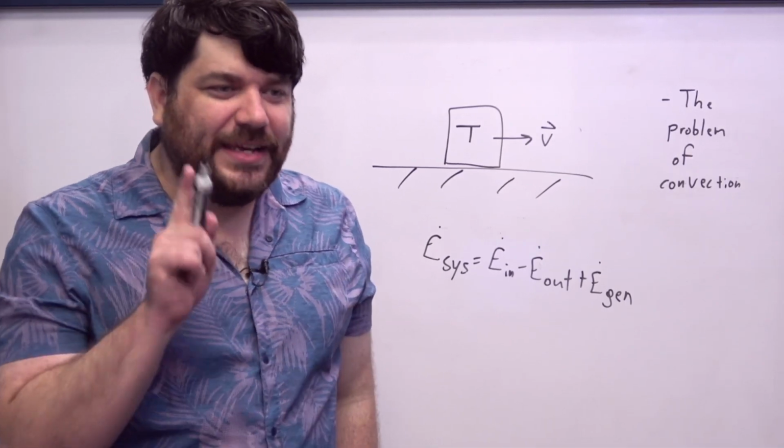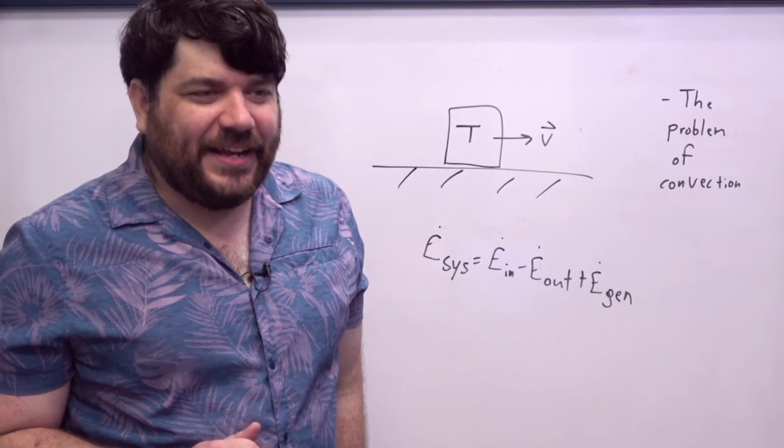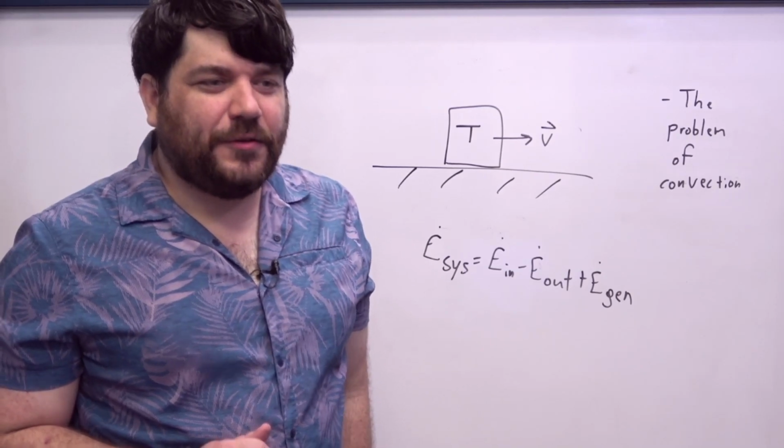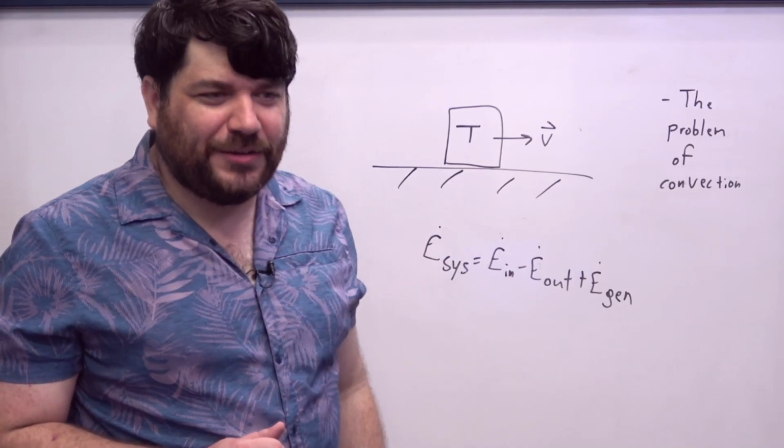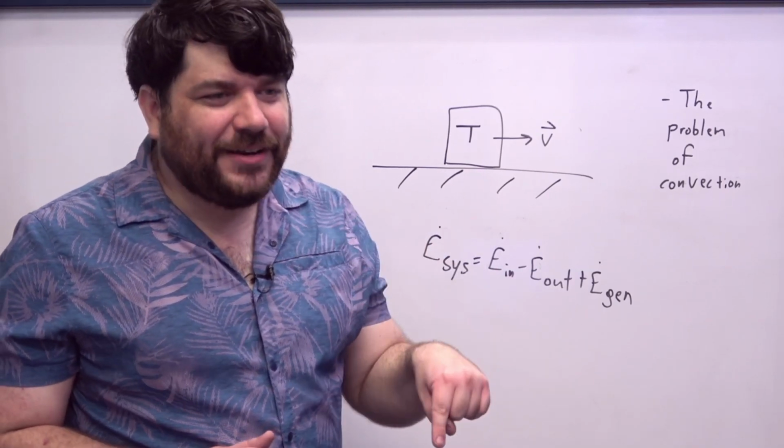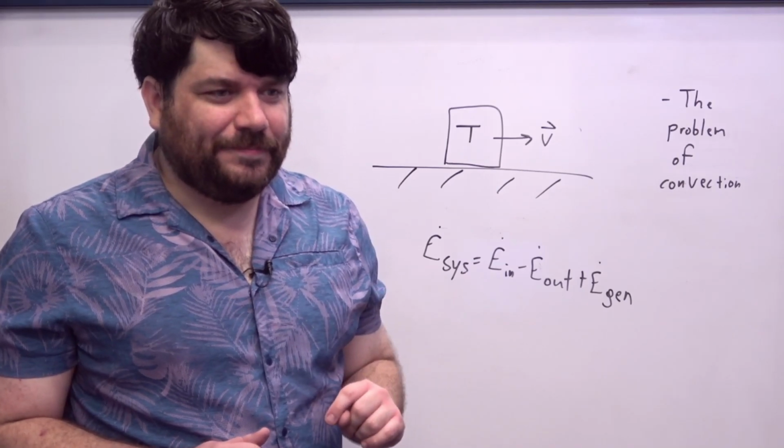In that situation, we can't decouple the kinetic energy of the block from its thermal energy, because there is a process that is occurring, a frictional process, that is converting mechanical energy into thermal energy.